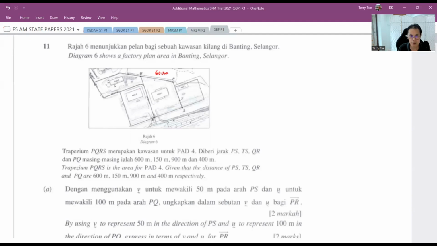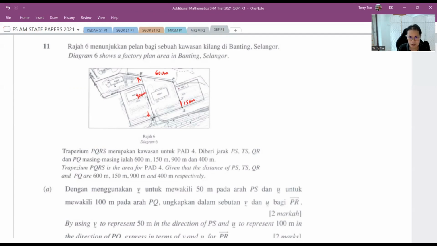TS is 150 meter, so a very small length here. TS is over here. QR is 900 meter, measured from here to here. And then lastly, PQ, sorry, PS is 600 meter.